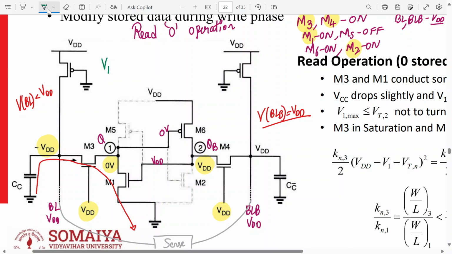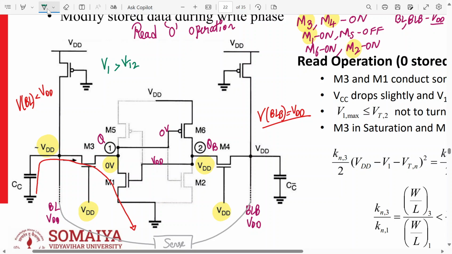If someone has not designed properly, M3 will allow some charges to build up at Q. So if V1 is greater than the threshold voltage of M2, M2 can turn on, right? Yes or no?